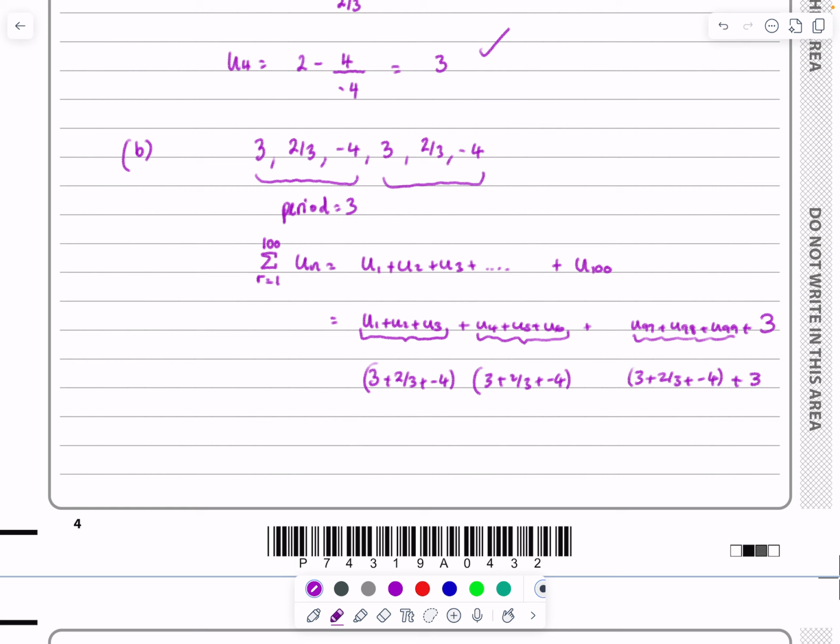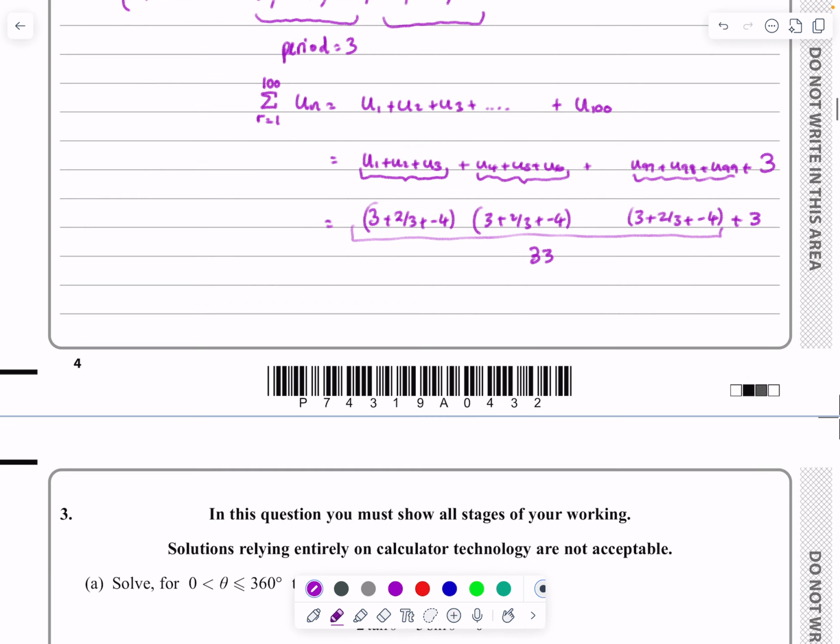What we need to know then is how many of these are we going to have? Well, we're going to have 33 of them, aren't we? Because 33 up to U99. So I'm going to have 33 lots of whatever that value works out to be, and then add on my 3 for the last bit. So that simply works out to be 33 multiplied by, well, 3 plus 2/3 minus 4 actually works out to be minus 1/3.